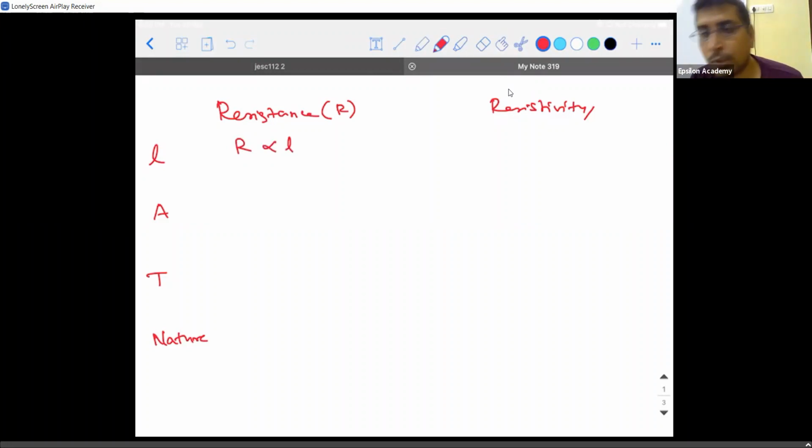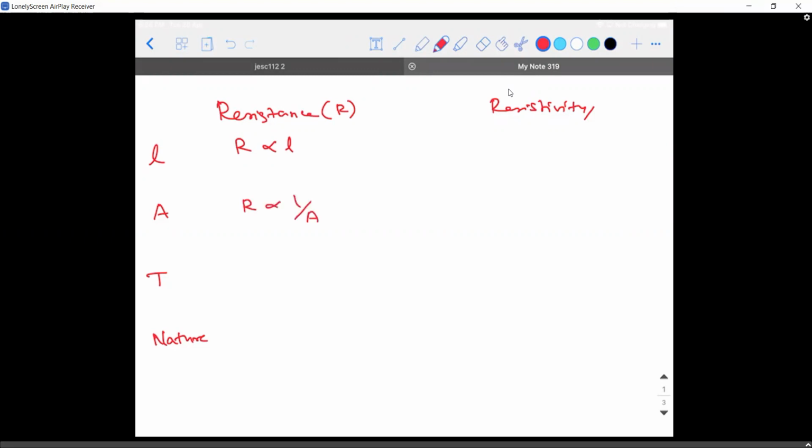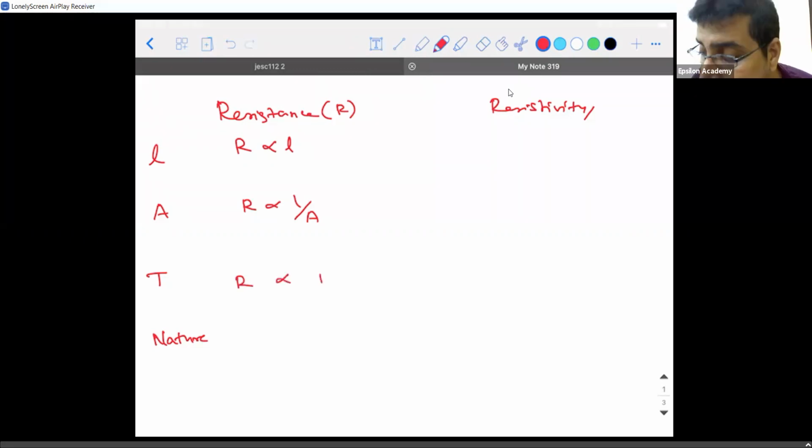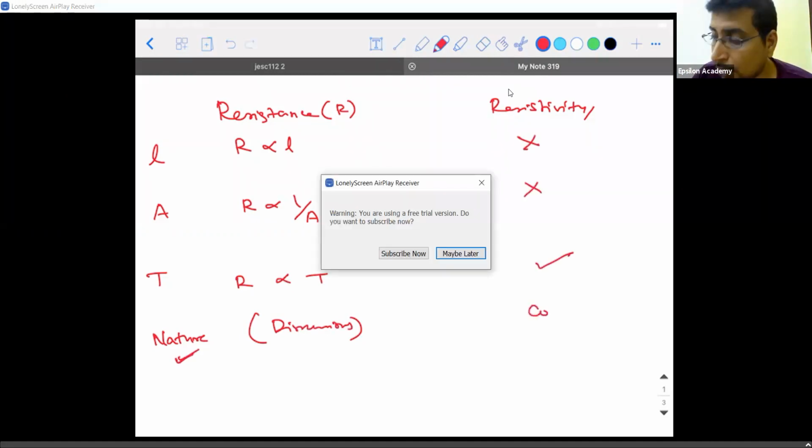What about the area? Resistance is inversely proportional to area. Resistance is dependent on temperature as well. And nature, yes, it depends, but mostly it depends on the dimensions. Whereas resistivity is independent of dimensions, dependent on temperature, and constant for a material.